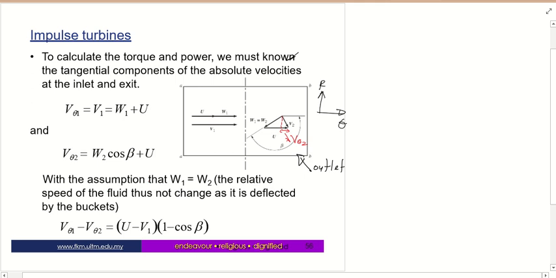With the assumption W1 equal to W2, we come out with V theta 1 minus V theta 2 equal to U minus V1, times 1 minus cos beta.